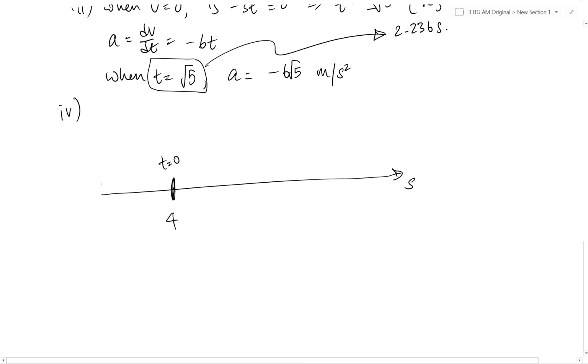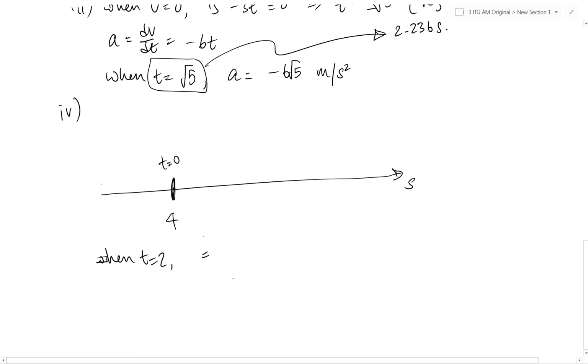Okay, so this is time equals 0. Some key timings that we are interested in will be time equals 2. When time equals 2, our displacement is equal to 4 plus 15 times 2 minus 8. Substitute that in.